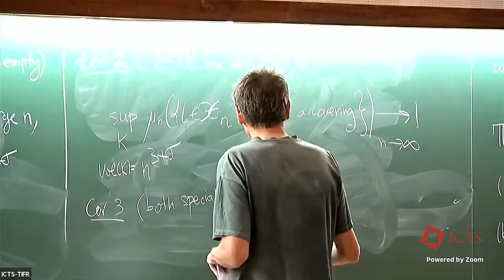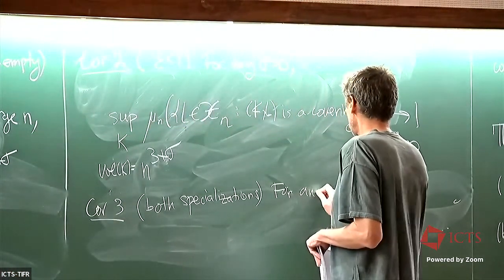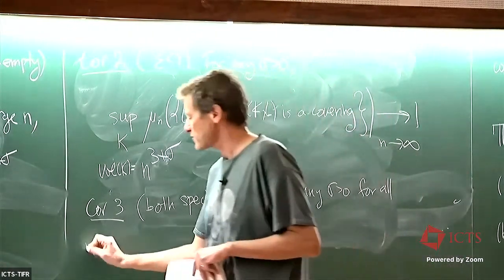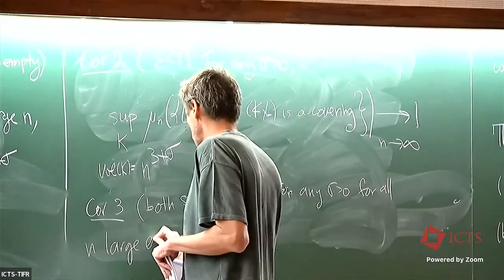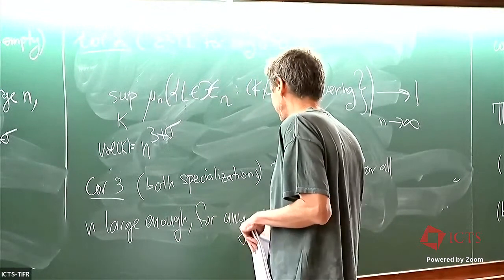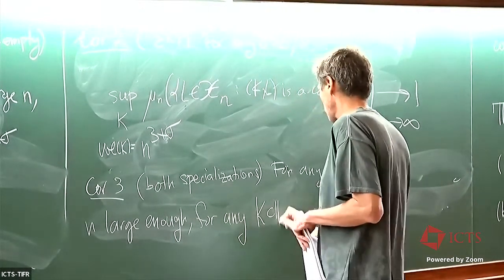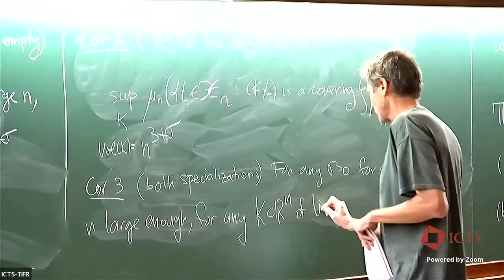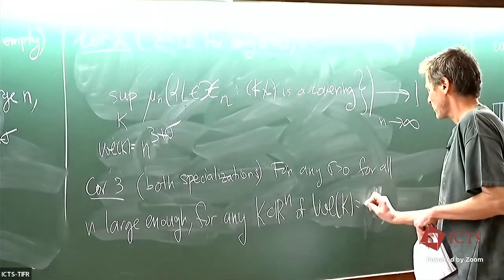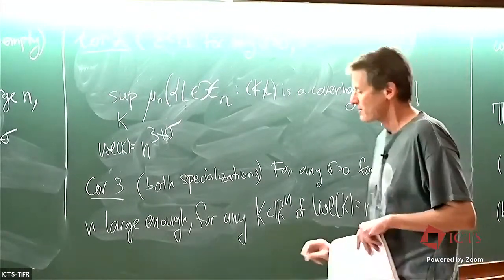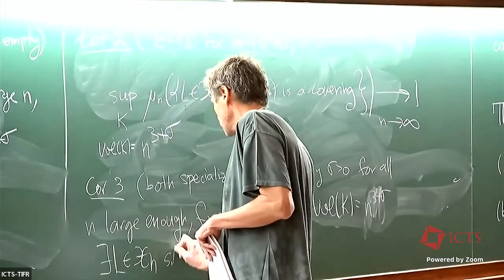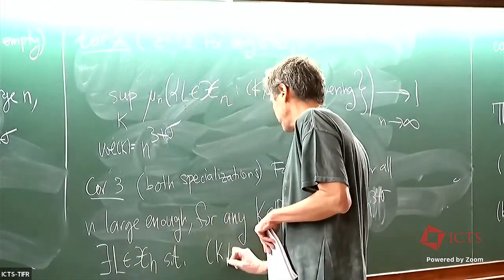Then what I'm going to get is for any sigma, for all n large enough, for any K of volume n to the 3 plus sigma, there exists L of covolume 1 such that K plus L is a covering.